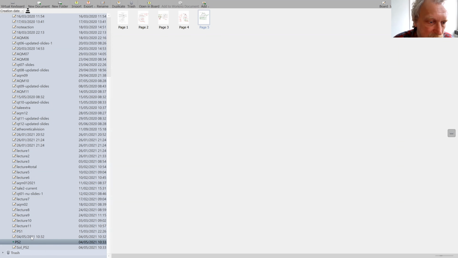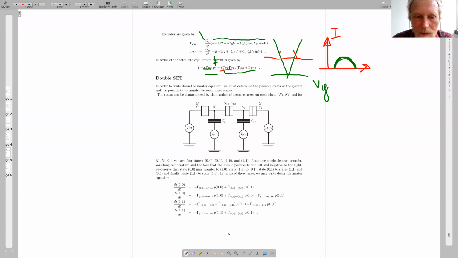Here it is. Let me make it comprehensive also. That's also useful for my orientation. We have 4 states. This point is clear because N1 and N2 can go between 0 and 1.